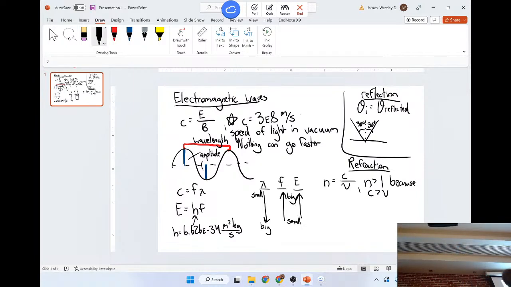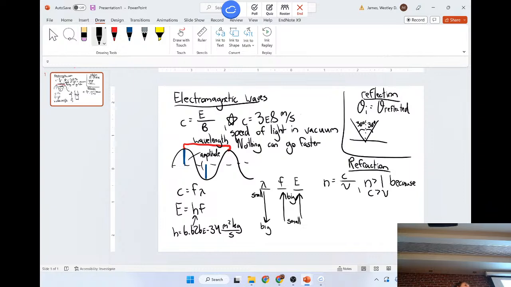If light travels faster than 3 times 10 to the 8 in some material, then you've broken the rules of physics and you can go get your Nobel Prize and whatnot. But that's not going to happen. If you do that on the test, sorry, that's wrong.